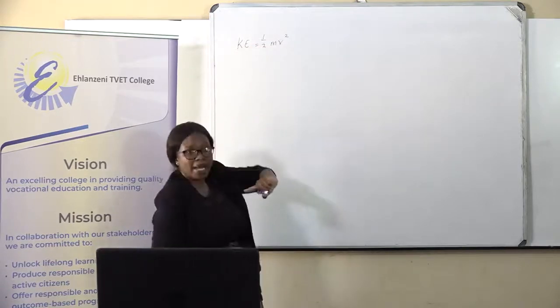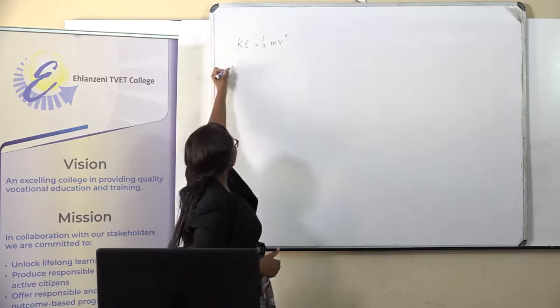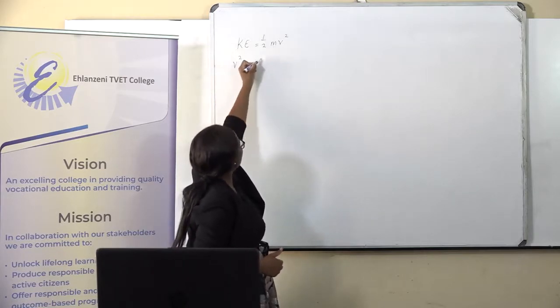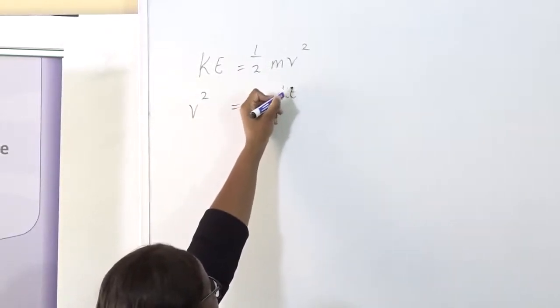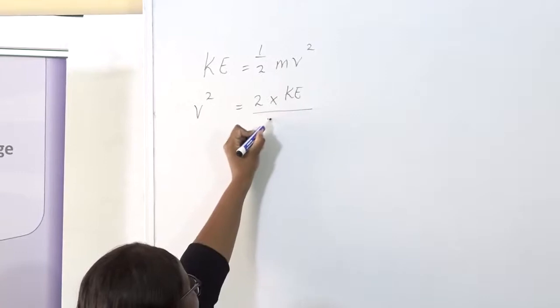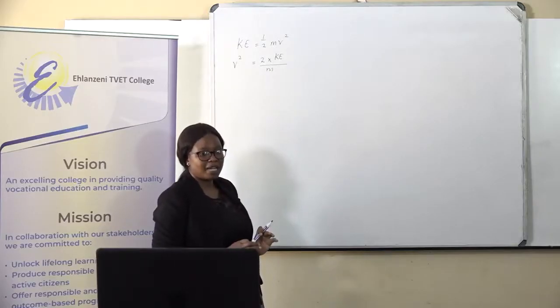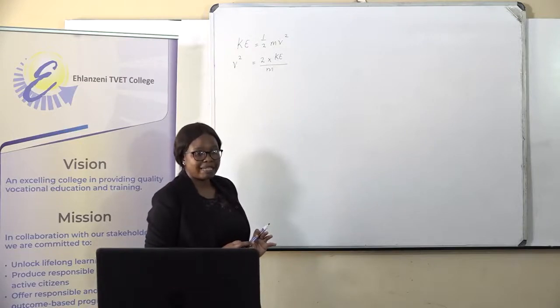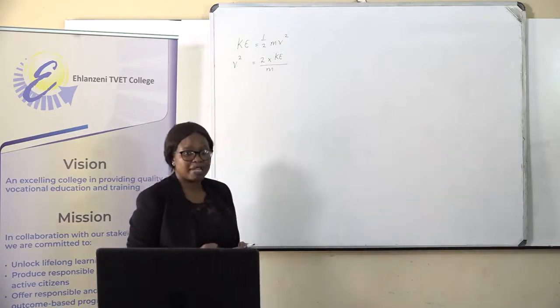So here we are going to make V, which is the velocity, our subject of the formula. So we are going to say V squared is equal to 2 times kinetic energy over M. M is our mass. This is our formula. So now we want to put in the values. What are the values? Do we have the mass? Yes, the mass, we have it. We are given from the question.